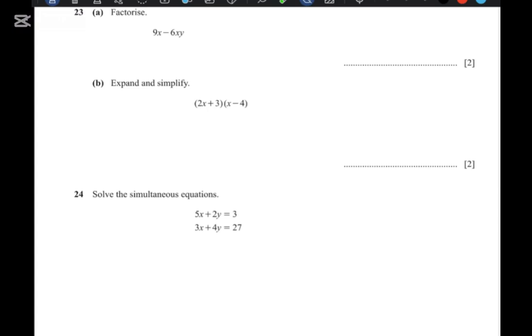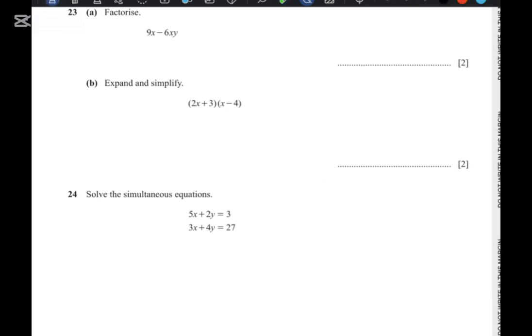Question number 23. Factorize 9x minus 6xy. So how to factorize this? Check the common factor. Let me write all the factors of 9x first. So 3 into 3 into x minus 3 into 2 into x into y.